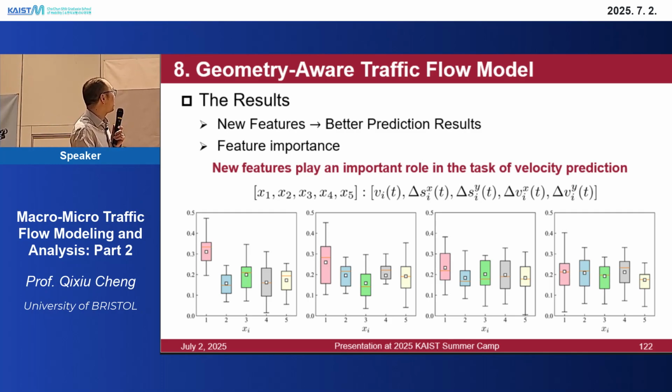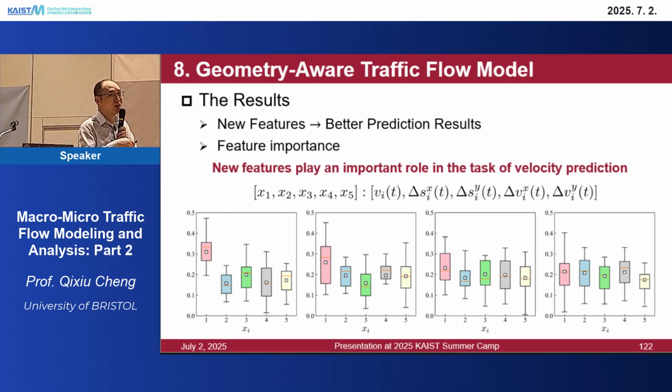We can also consider the importance in the task. In our proposed model, all the other geometry-aware features also have some importance related to car following. So it is necessary to incorporate the geometry features if the road is curved.